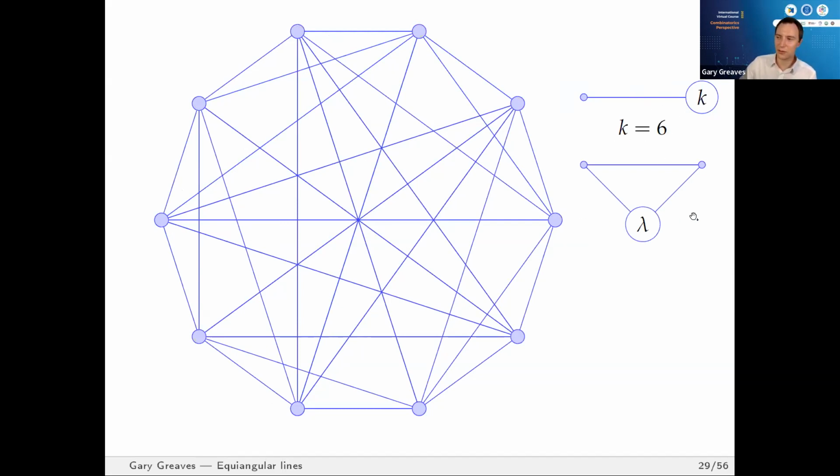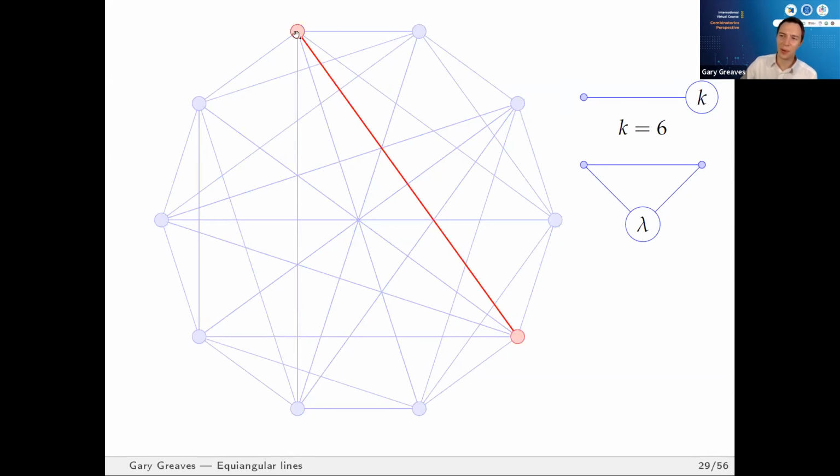It also has a further property: any pair of adjacent vertices has the same number of common neighbors. I illustrate that with this picture here: two adjacent vertices and then lambda common neighbors. I can take any pair of adjacent vertices like these two here, and look at their common neighbors. Both of these vertices are adjacent to this one, and this one.